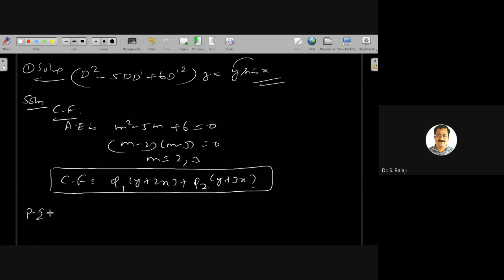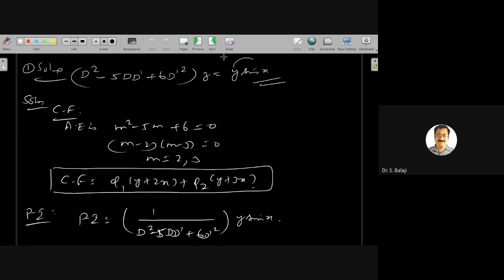Now we are going to concentrate on the particular integral. The particular integral can be written as 1/(D² − 5DD′ + 6D′²) of y sin x. With the help of the factors from the auxiliary equation, (m − 2)(m − 3), you can apply the same factors here: D − 2D′ and D − 3D′.